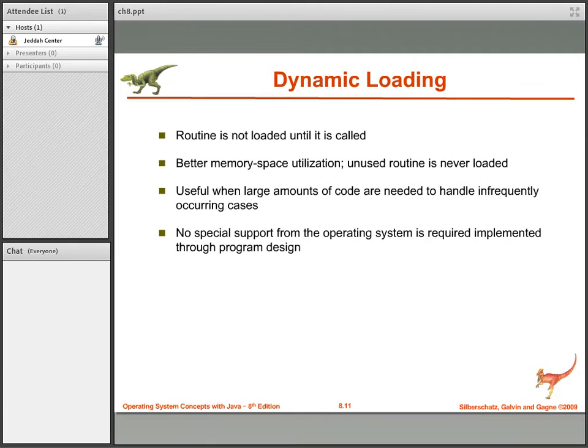In certain cases, you will find the benefit of such an approach.